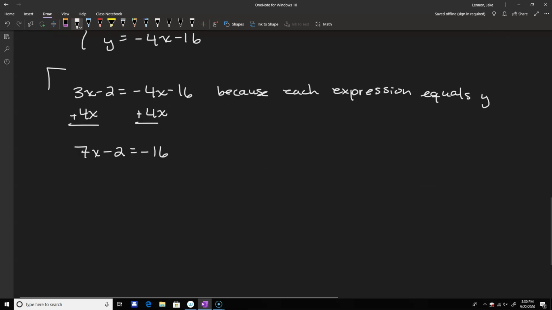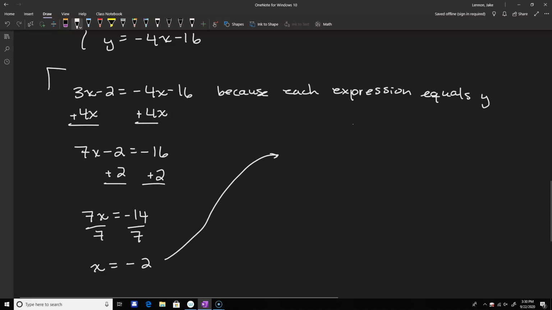Then we add 2 to both sides, so we'll have 7x equals minus 14, and then we divide by 7, and x is negative 2. Then we plug that into either one of the equations. I'm going to plug it into 3x minus 2, so y equals 3 times negative 2 minus 2, so this is negative 6 minus 2, which is negative 8.